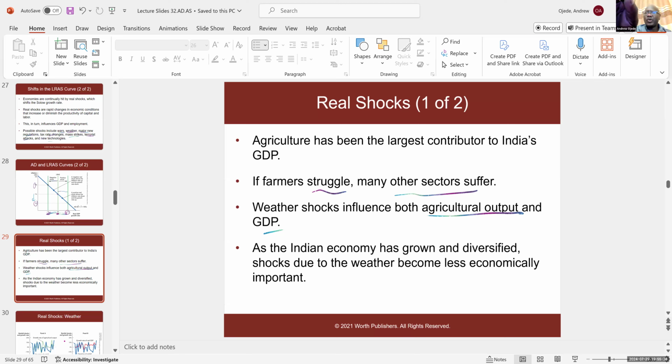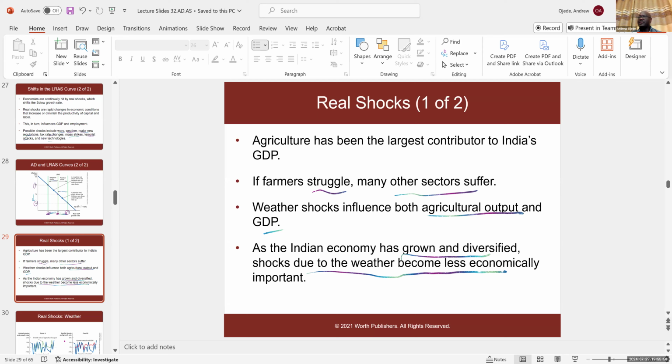As the Indian economy has grown and diversified, shocks due to weather have become less economically important, because over time India carried out several reforms. They started building other industries. They diversified their economy away from relying on the agricultural sector because that was risky.